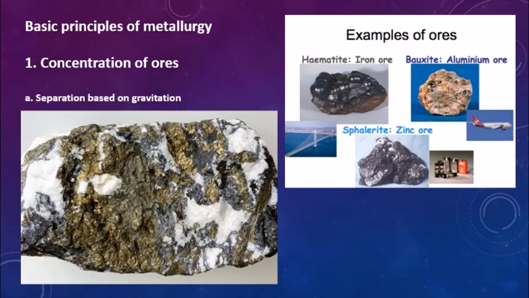So here the heavy particles of the ore can be separated from the light particles, that is the impurities, by the gravitational method, and the process can be carried out through different methods. So here first we have the concentration of ore. Under concentration of ore, the first is separation based on gravitation. Whatever methods are used, gravitation is the main thing that we use here.